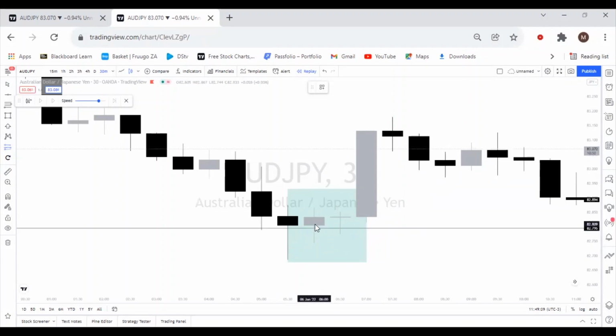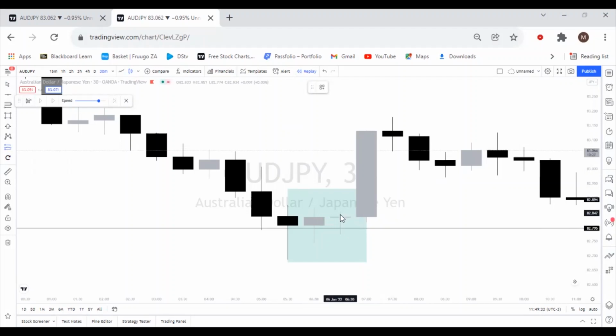They closed the following candlestick in the green, which is bullish. It closed bullish. The following also closed bullish, which means this is a series of two candlesticks that are the same, confirming me to buy.